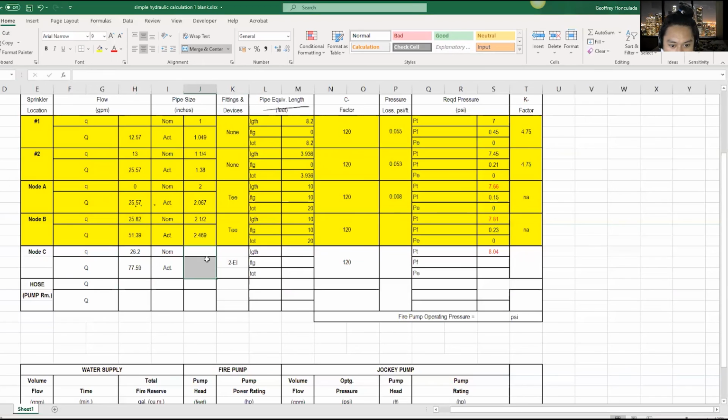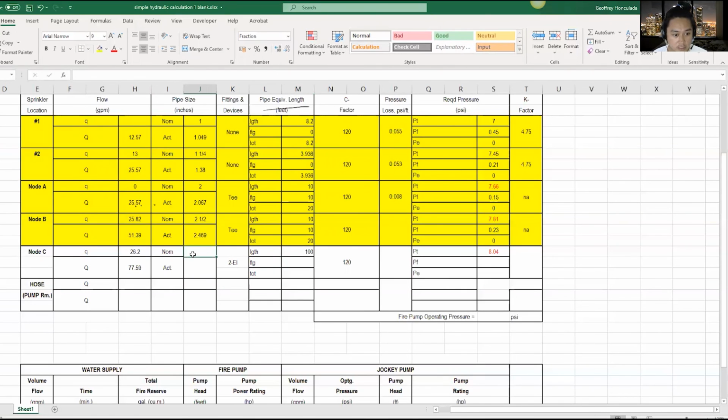The next thing that we need to do is input the values here so that we can solve for the friction loss at node C. And again, I've written earlier the length that we have to consider, and we've assumed that to be 100 feet because we were not given the actual length in our problem. We're just told to calculate up to node C, but they should have a length from the source to node C.